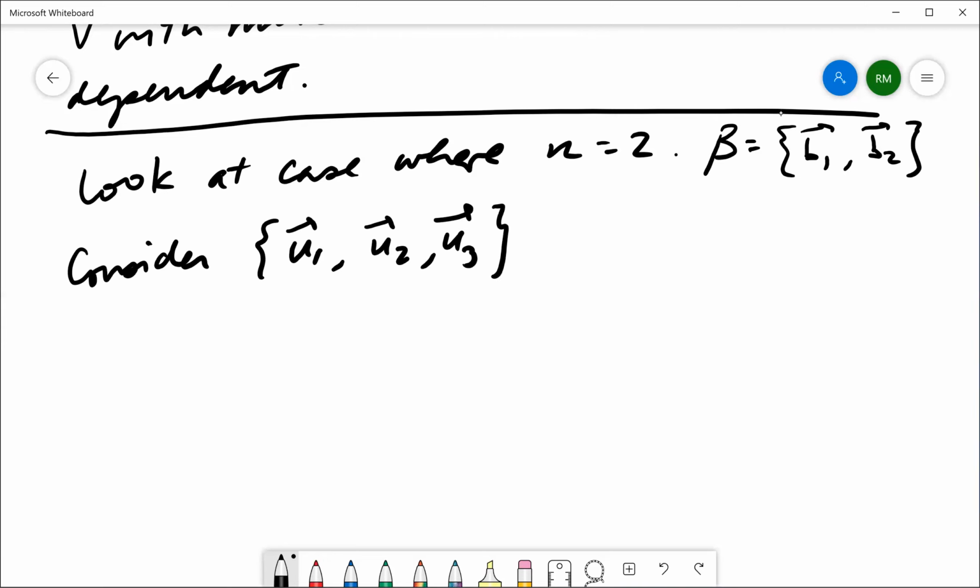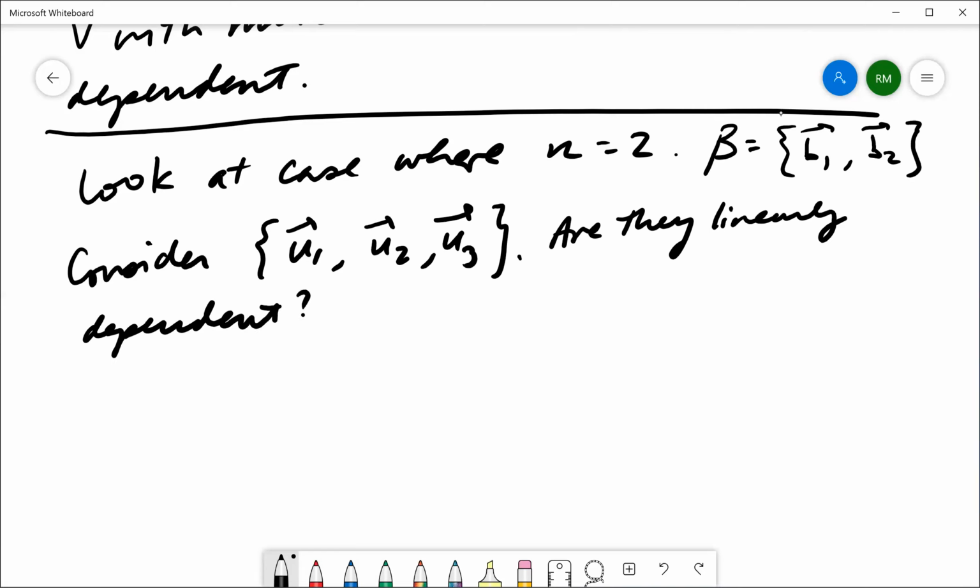These are 3 vectors, and we want to ask, are they linearly dependent? Well, we don't really know much about these vectors, but we do know that we can write them in terms of basis B.